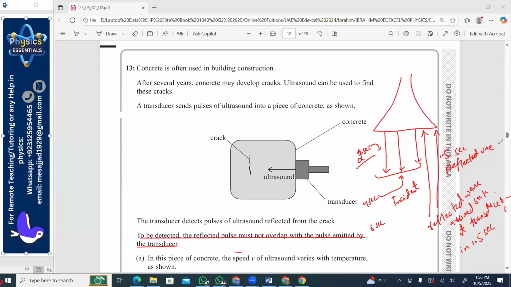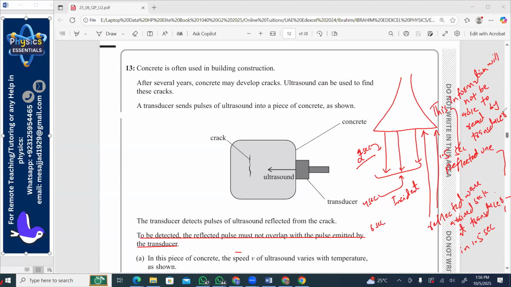So this information will not be analyzed or read by the transducer. You have to be very careful with this information.